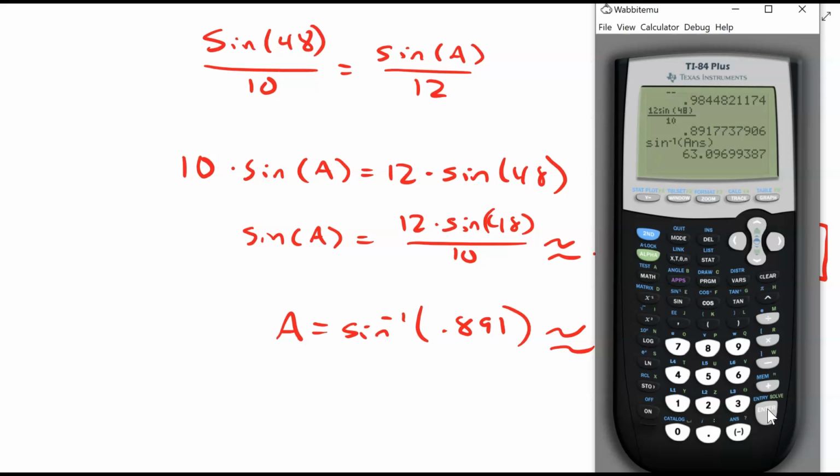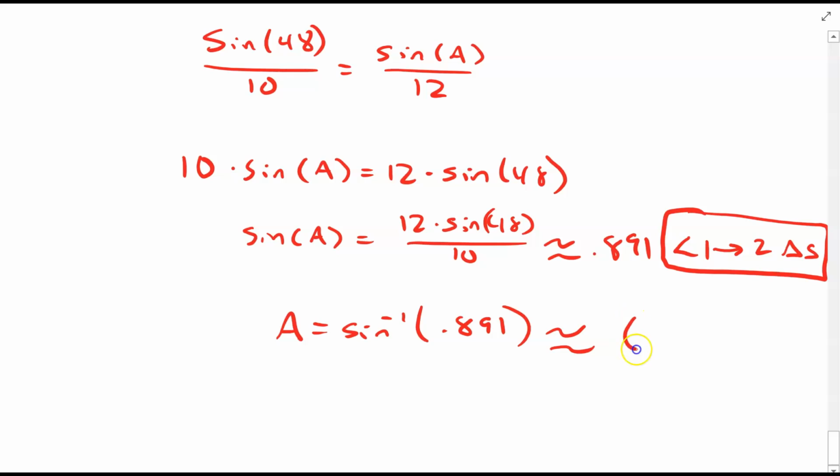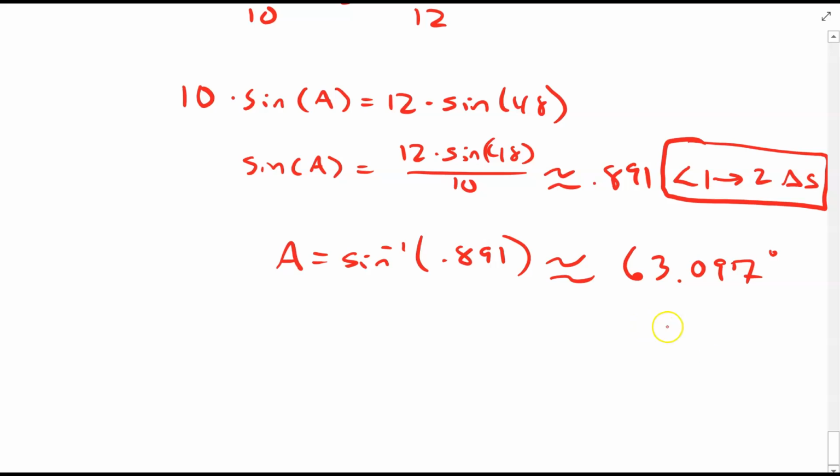I'm going to save 3 decimal places, since sometimes this gets a little finicky. But remember, this can have two answers, right? Angle A could be here, or angle A could be over there. Everybody remember that?